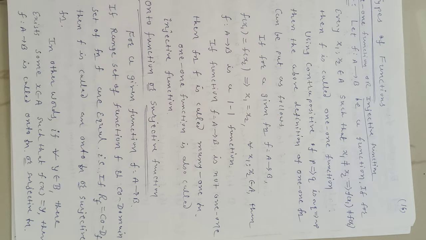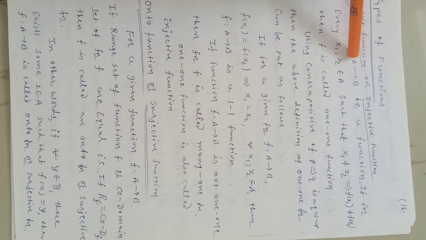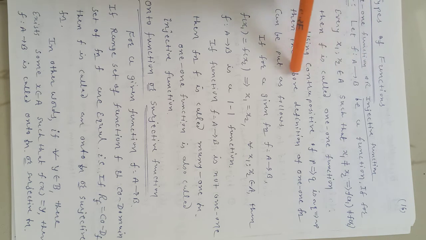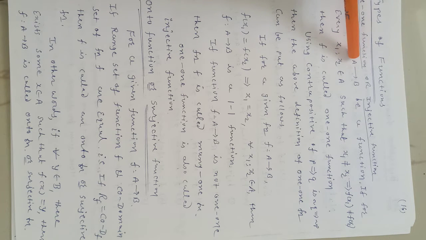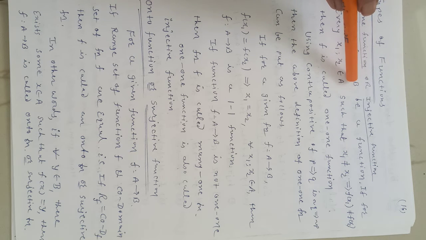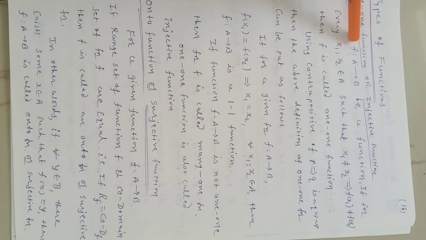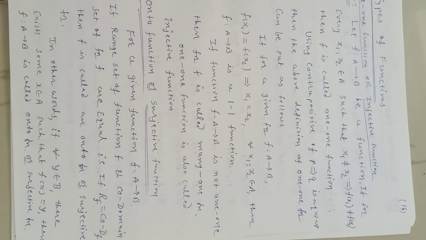This you know from last year, the definition of function. In a function we have so many elements in A, some elements in B, and they are related under some rule. So the definition of function is: every element of set A is uniquely associated with a member of set B under the relation or under the given rule f. Then f from A to B is called a function.